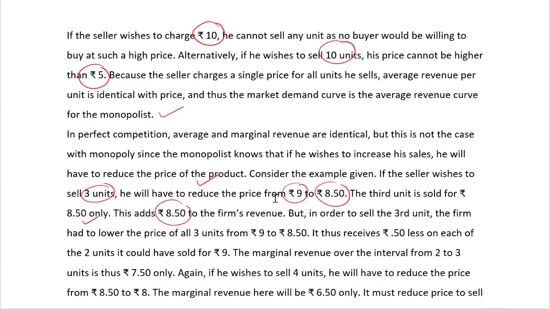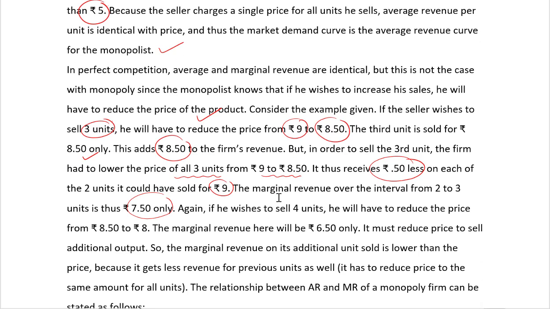But in order to sell the third unit, the firm has to lower the price of all the 3 units from 9 to 8.5. Thus, he receives 0.5 less on each of the 2 units that could have been sold at rupee 9. The marginal revenue over the interval from 2 to 3 units is 7.5 only.